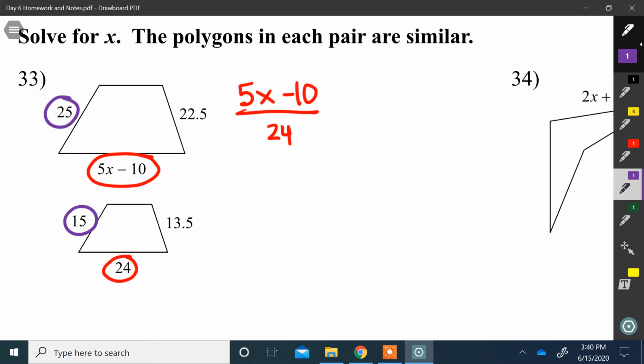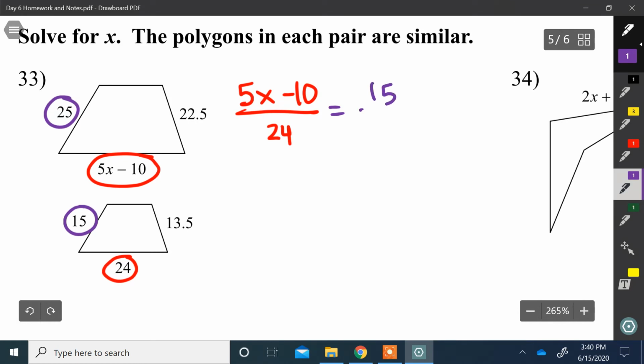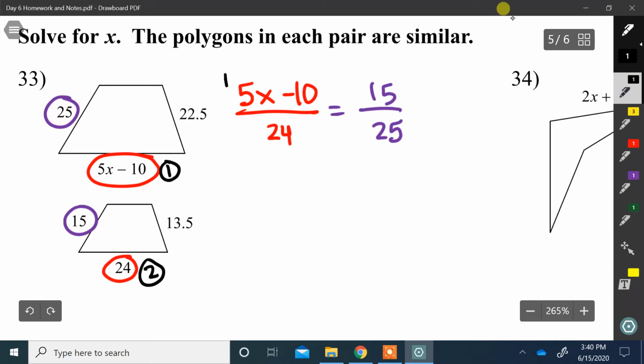Here's when most people get confused. They write 15 over 25. Why is that wrong? Well, it's wrong because you started with this one and then I did this one. Well, I did 1 and then 2. You see that? Then this should also be 1 and then 2.